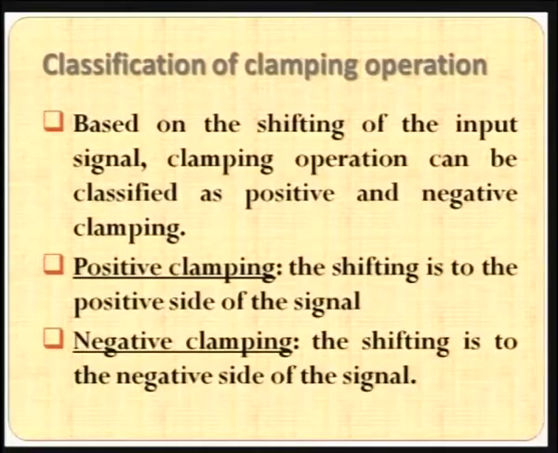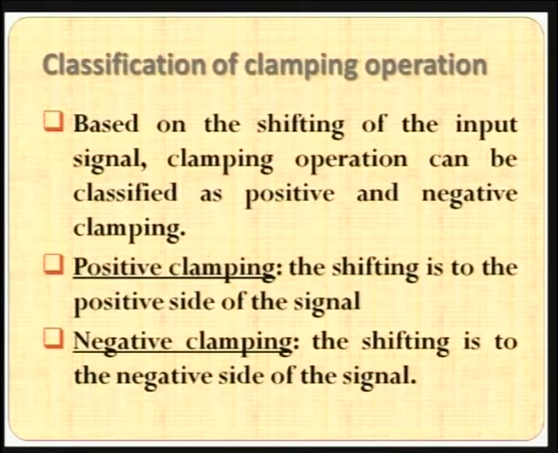So, let us have a look at the diagram and try to understand what this shifting means or what the clamping operation means. Based on the shifting of the input signal, clamping operation can be classified as positive and negative clamping. In positive clamping, the shifting is to the positive side of the signal, and in negative clamping, the shifting is to the negative side of the signal.